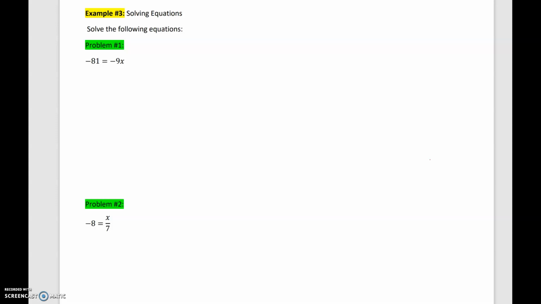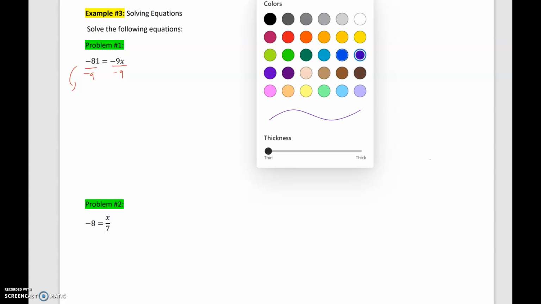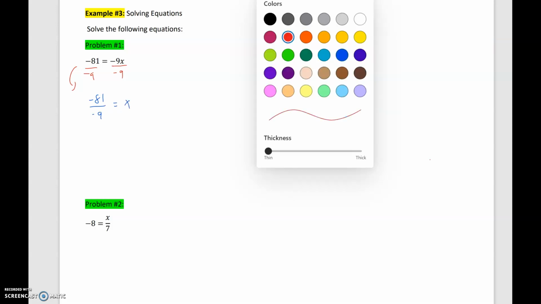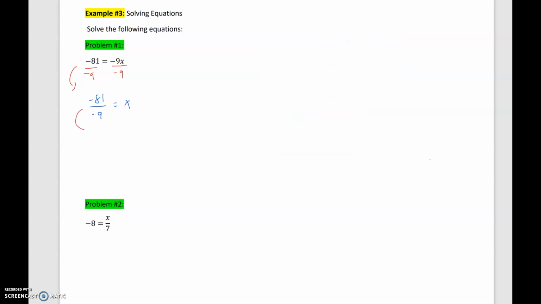Since the main objective is to express it as x is equal to, I'm going to solve for x by dividing by negative 9. So our next step reads negative 81 divided by negative 9 is equal to x. Let me take this one step further.